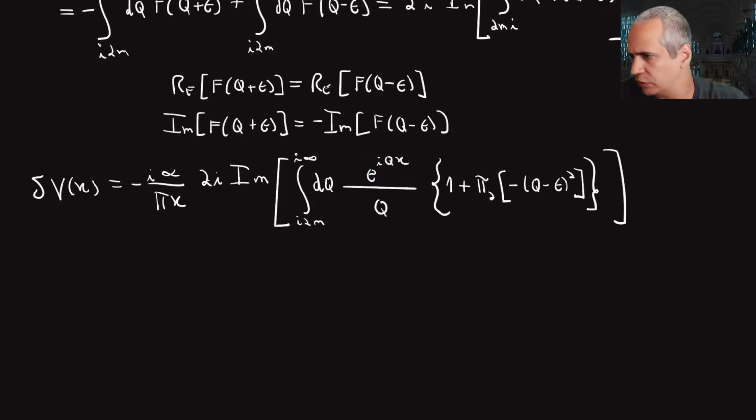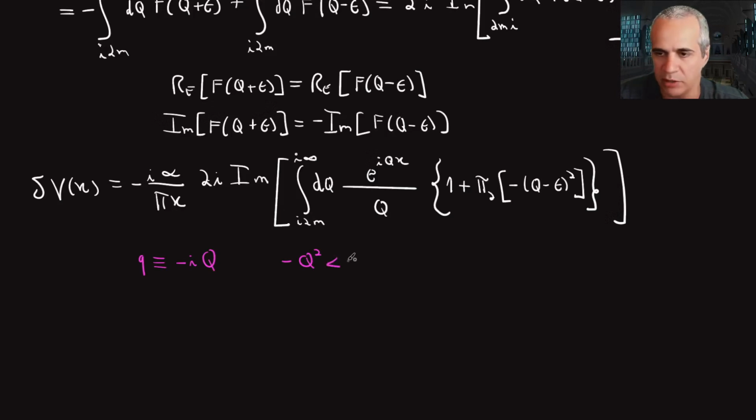Just for convenience, I'll define another q, let's call that small q, but it's not a 4-vector, it's just a number, which will be minus iq. So remember, the branch cut comes from minus q squared becoming bigger than 4m squared. That means that q squared will be bigger than 4m squared. That's what we're interested in for this branch cut.